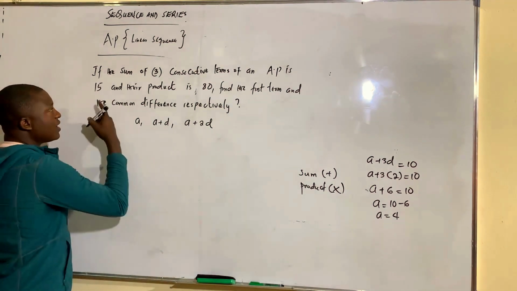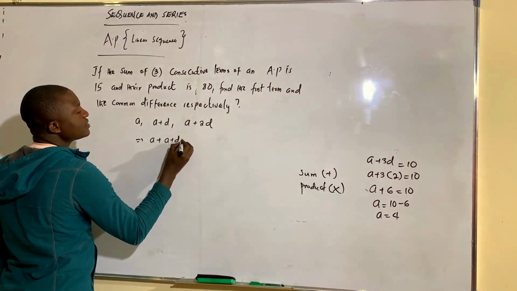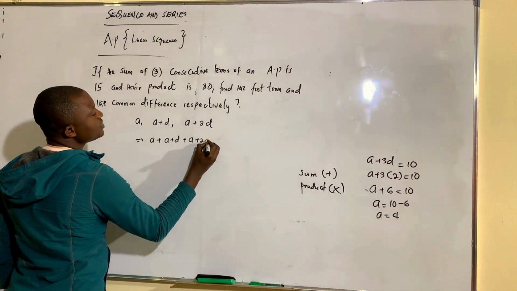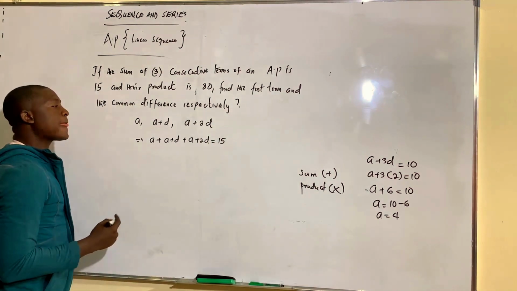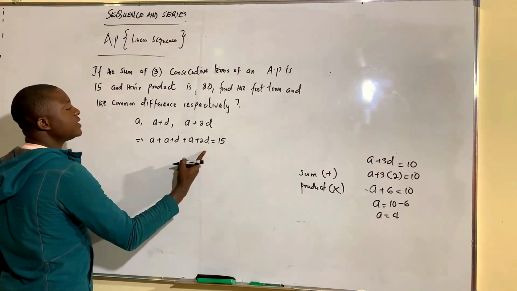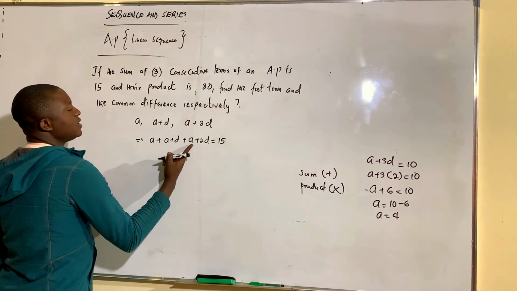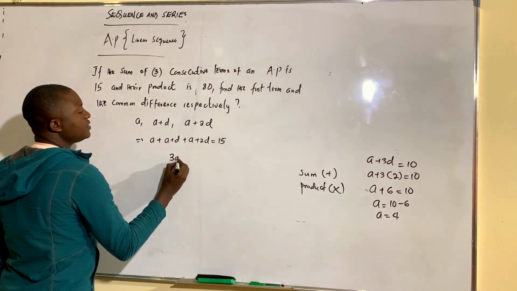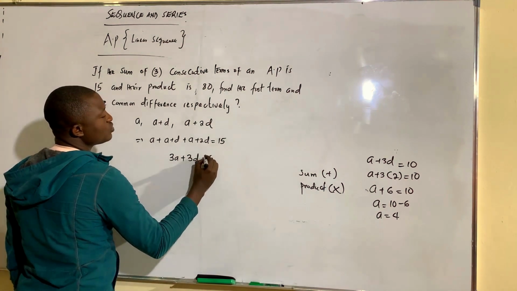So their sum is 15. I can say A plus A plus D plus A plus 2D equal to 15. So let's add the like terms together here. A plus A plus A, that's going to be 3A, D plus 2D, I can have 3D, equal to 15.